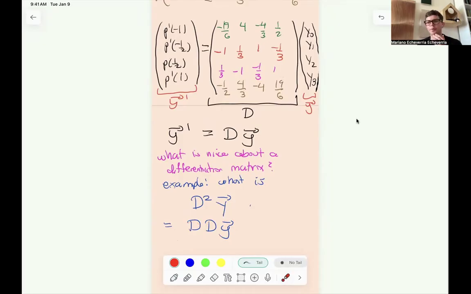What should that give me about the polynomial? The differentiation matrix computes the derivatives, so what is the first derivative of the first derivative?